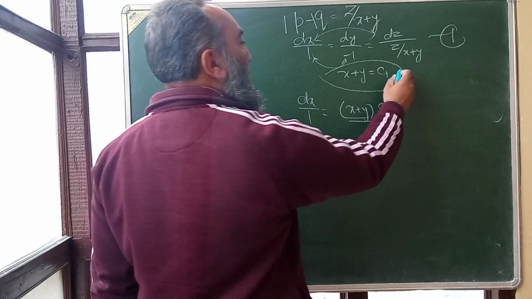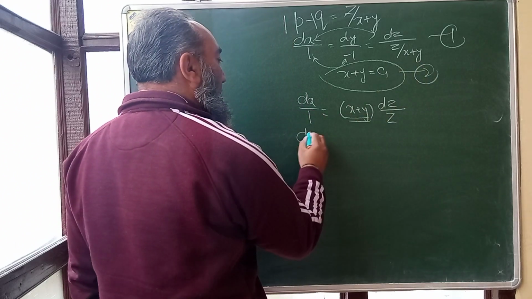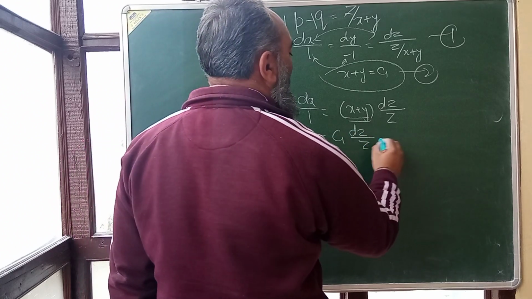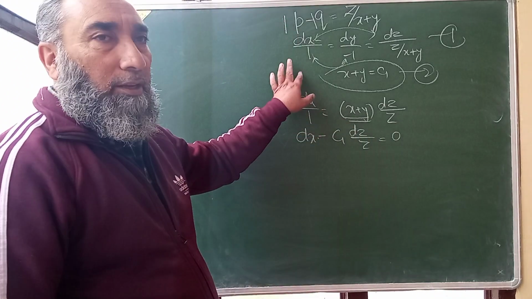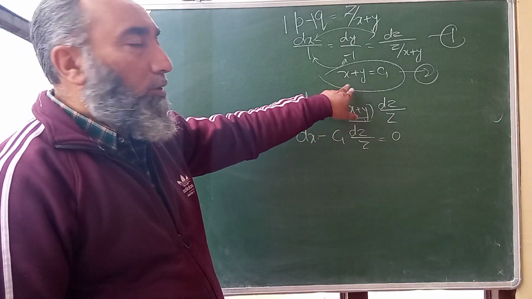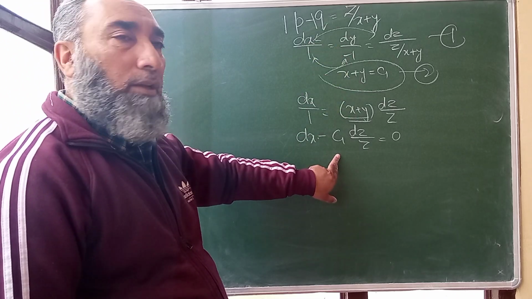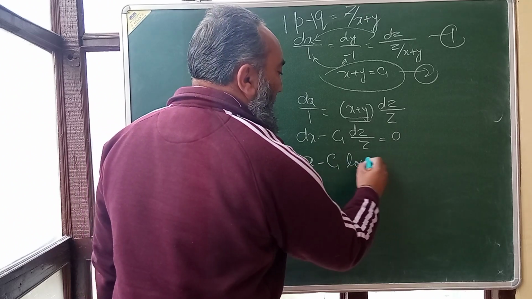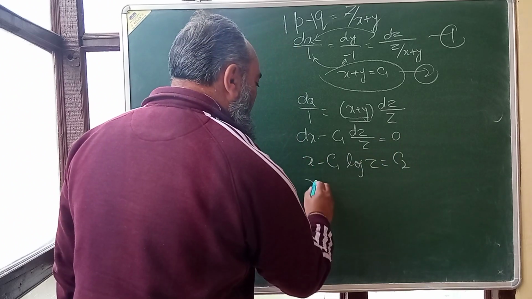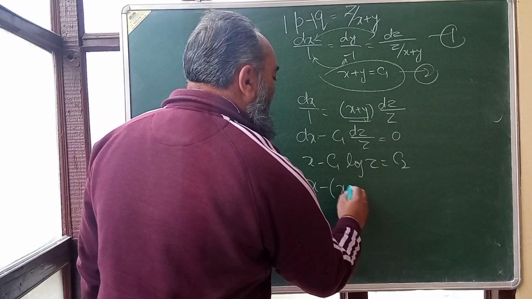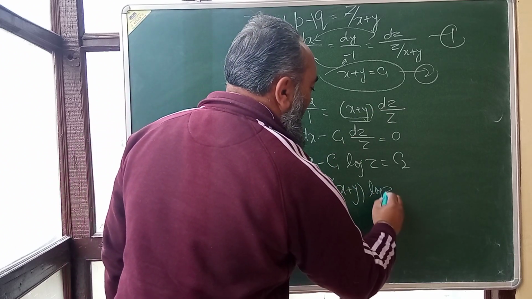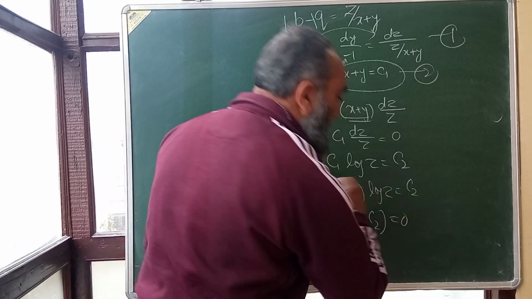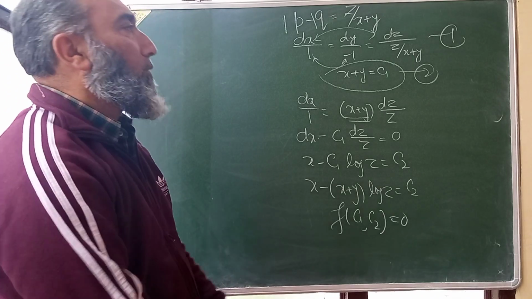But x plus y is c1, so dx minus c1 dz upon z is equal to 0. You can find one solution and then use that solution to find the other. So integrating, x minus c1 log z equals c2, that is, x minus x plus y log z equals c2. The solution is function of c1 comma c2 equal to 0, or c1 as a function of c2, or c2 as a function of c1. Next one.